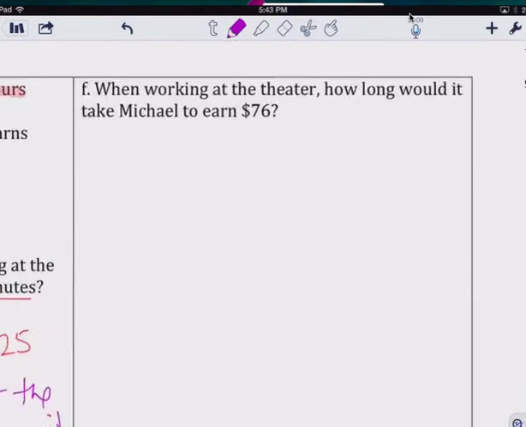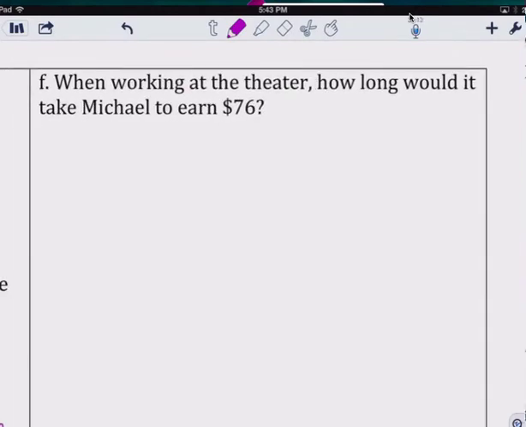Okay, how long would it take Michael to earn this much?